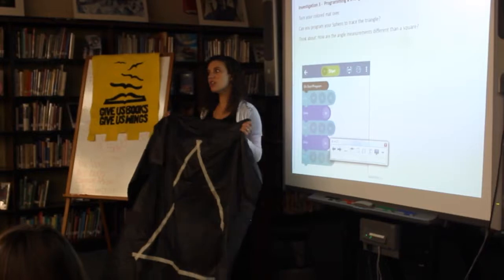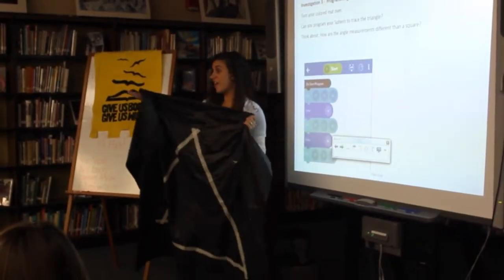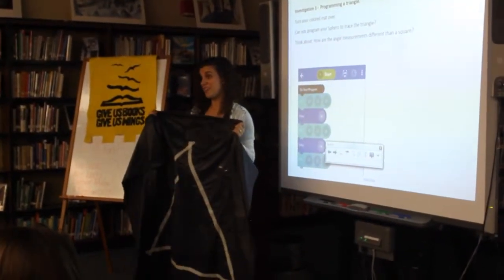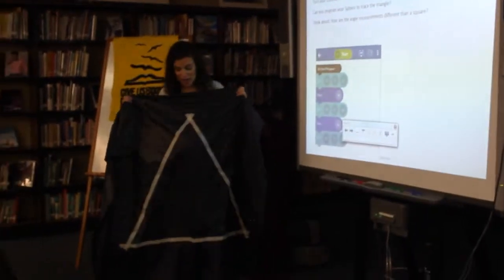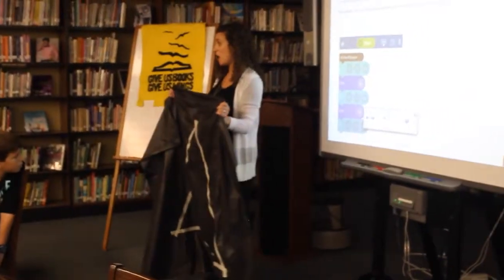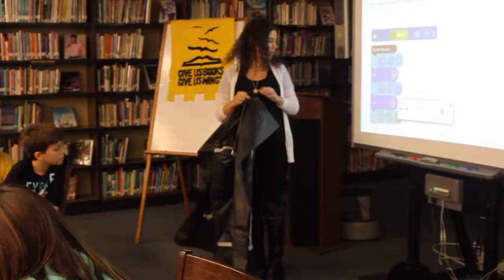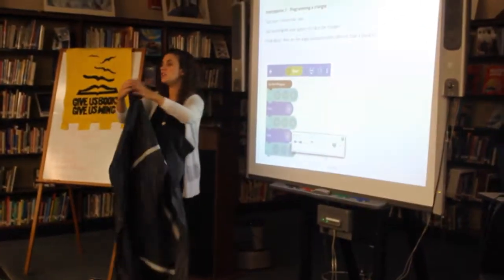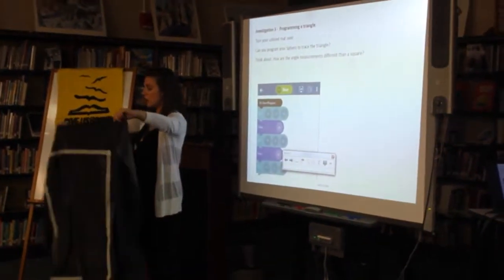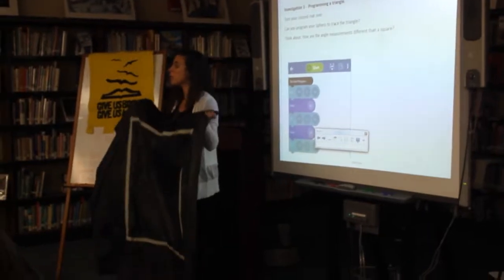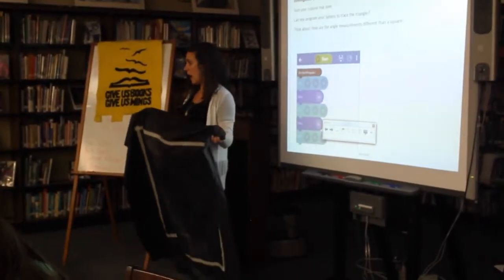The triangle's really tricky because the angles are not just multiples of 90, okay? So if you want and you have time, you can start to do a triangle as well. All right, but the first thing that we're going to do is try to trace, Programmer Sphero, this square perfectly by manipulating the time.